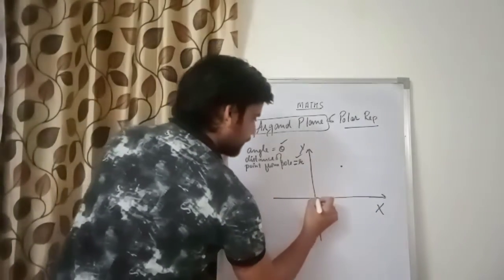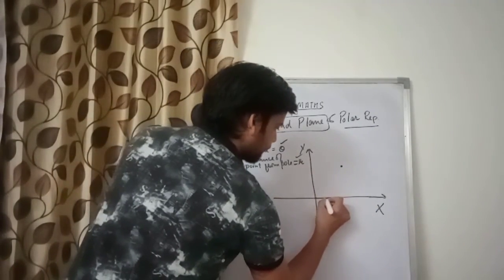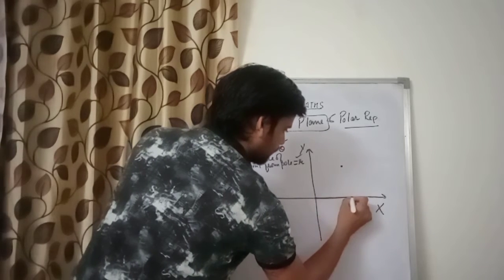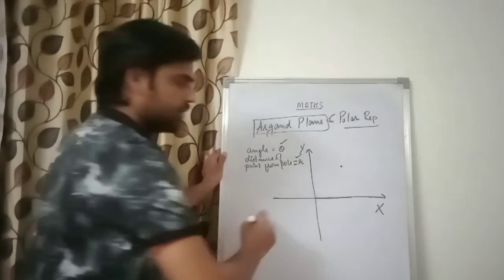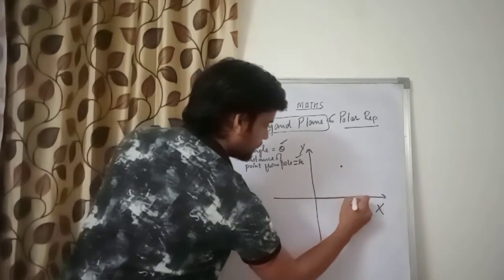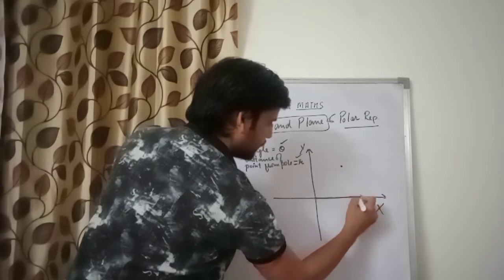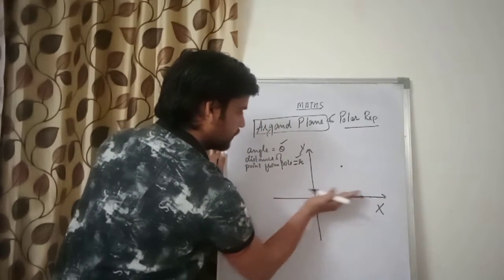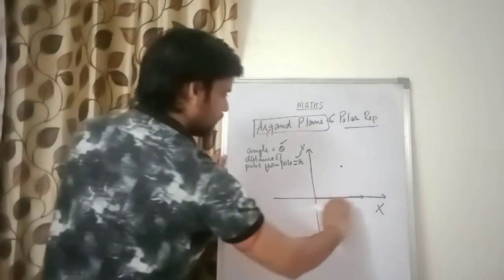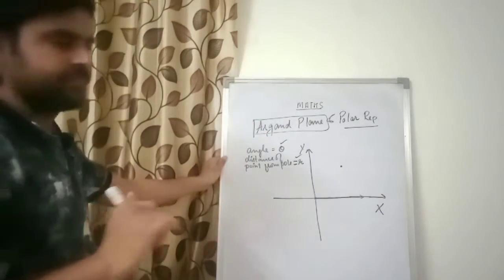So consider that there is an arrow which we rotate in the anti-clockwise direction. Let's say it is here till here. Right now the angle of this arrow with the x-axis is 0 because it is lying on the x-axis itself.